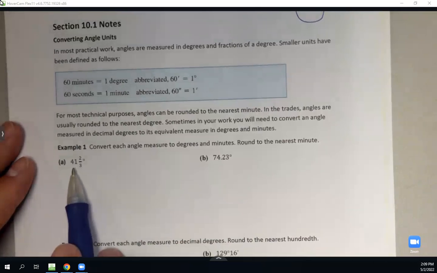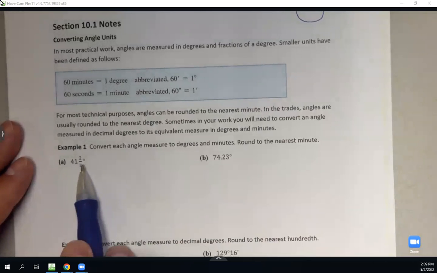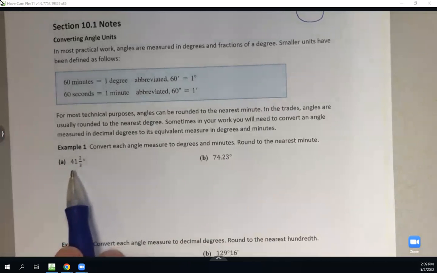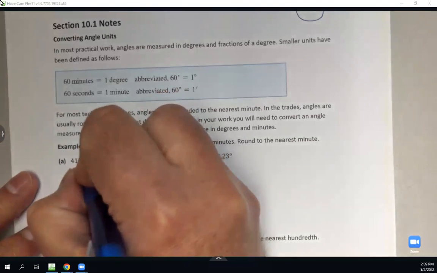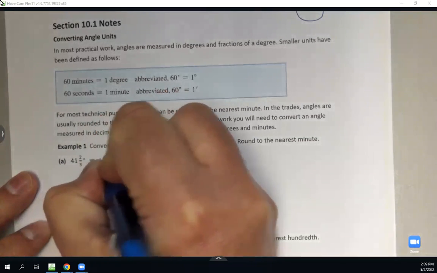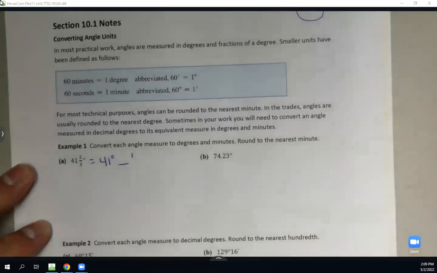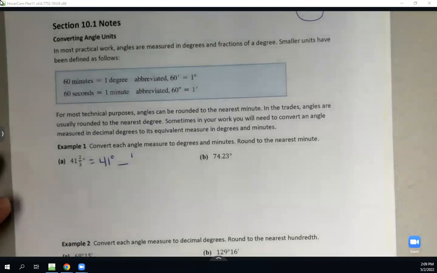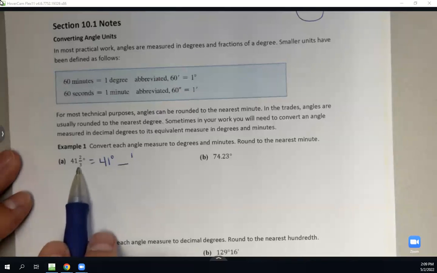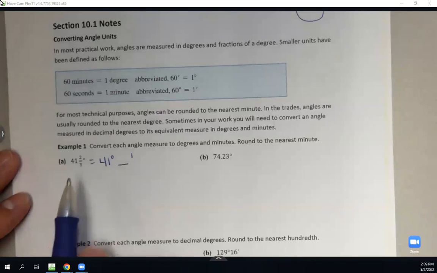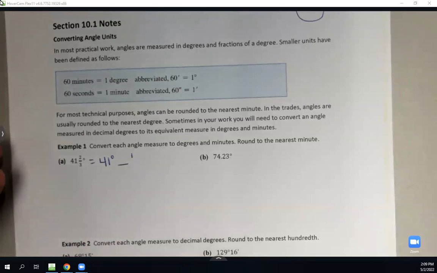So what we have here is 41 2/3 of a degree. So it's going to be 41 degrees and so many minutes, okay? Again, we're supposed to round to the nearest minute. So it's really the 2/3 of a degree that we need to convert, okay? And we really do this like any other unit conversion.